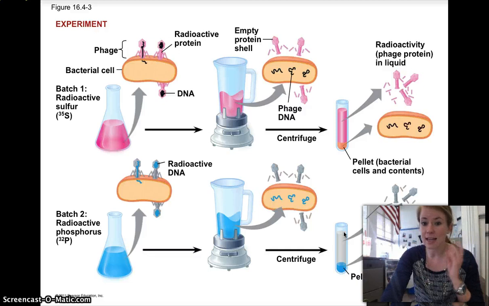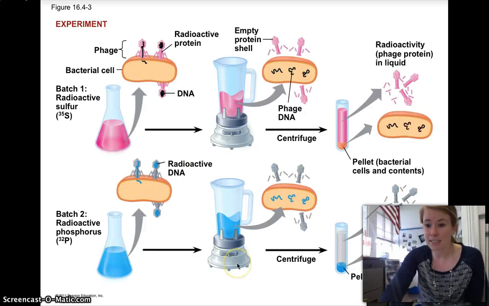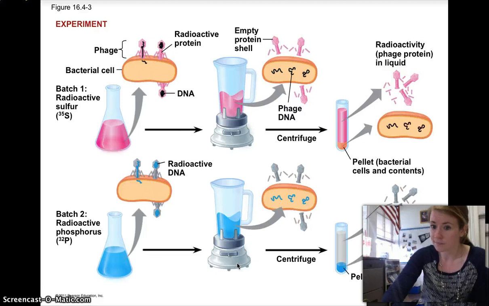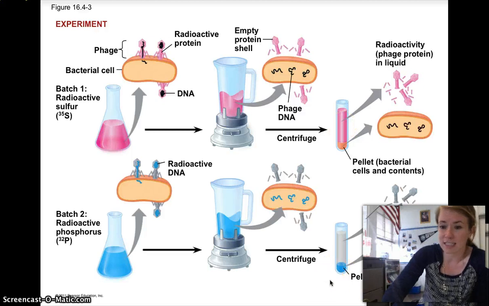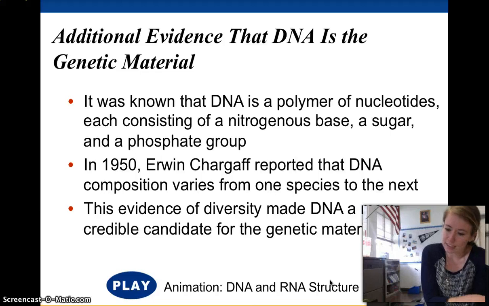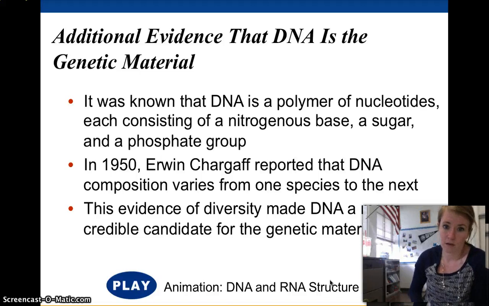I know you can't see this in this picture, but it's on page 307. That means that in this setup down here, the viruses had injected their DNA into the bacteria and not their protein. So the protein remained outside of the bacterial cells up here, and the DNA was found inside of the bacterial cells down here. So that was Hershey and Chase, and that basically concluded that DNA was the genetic material and not protein.